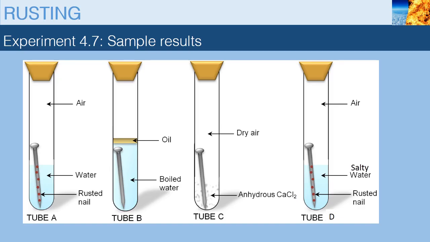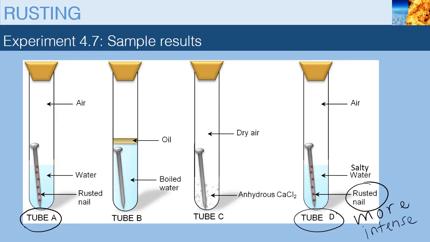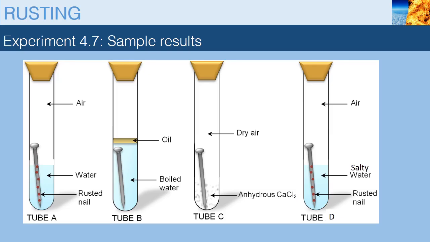The iron nail in tube A and tube D will have rusted. However, the rusting in the iron nail in tube D will be more intense. In order to explain these changes, in test tube A, we have the presence of oxygen, which is in air and water.